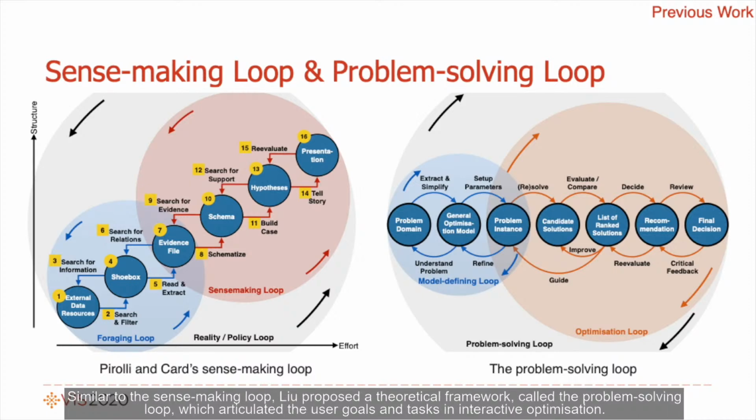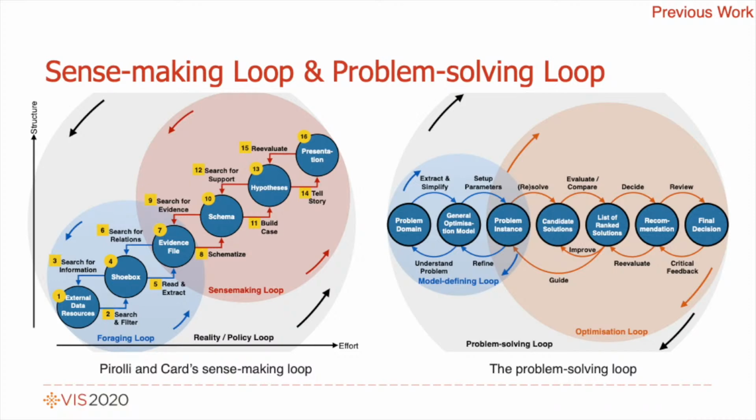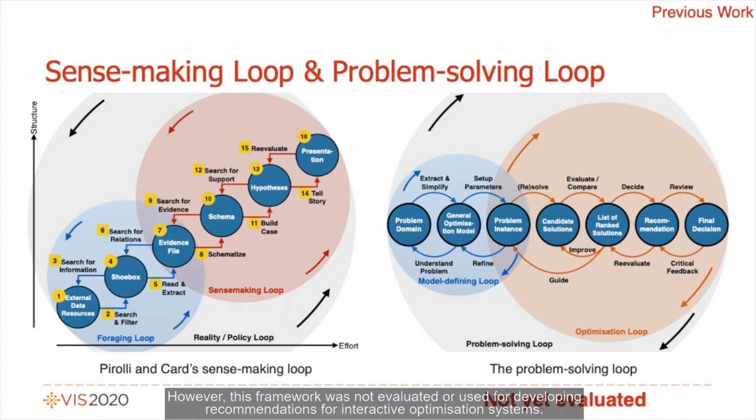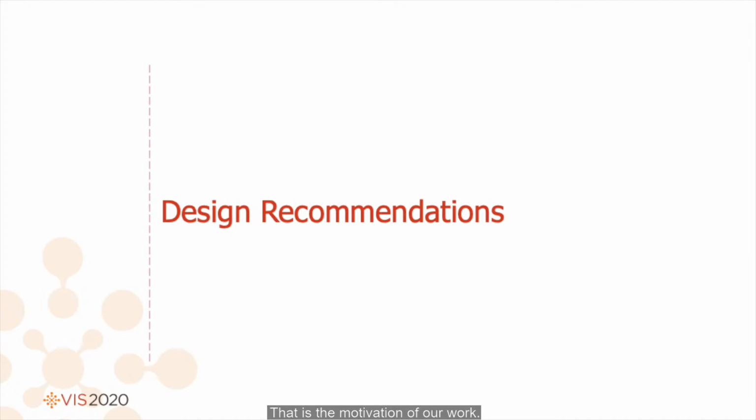Similar to the sense-making loop, Liu proposed a theoretical framework called the problem-solving loop, which articulated the user goals and the tasks in interactive optimization. However, this framework was not evaluated or used for developing recommendations for interactive optimization systems. This is the motivation of our work.